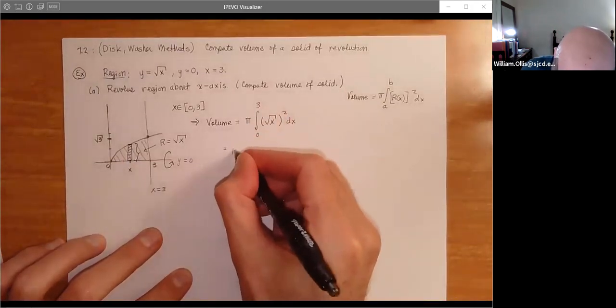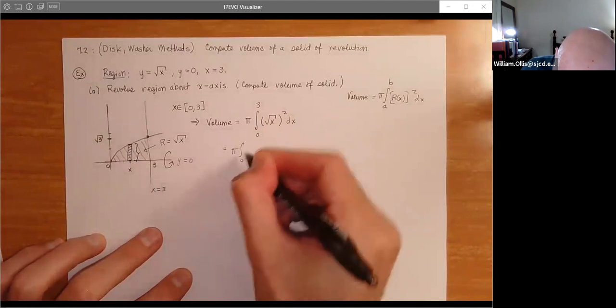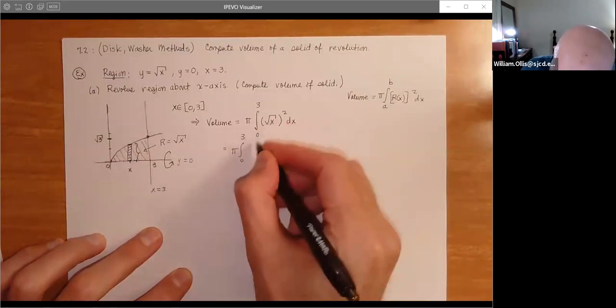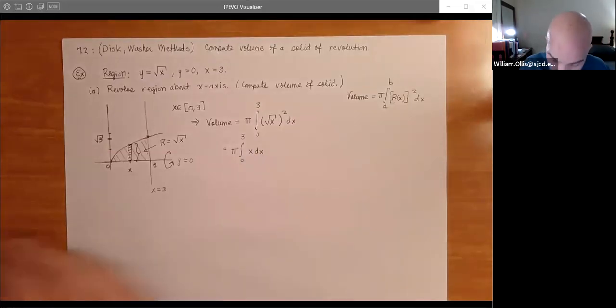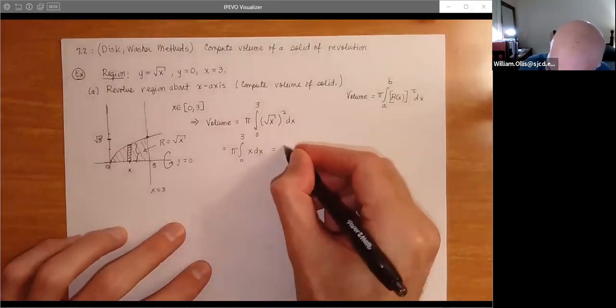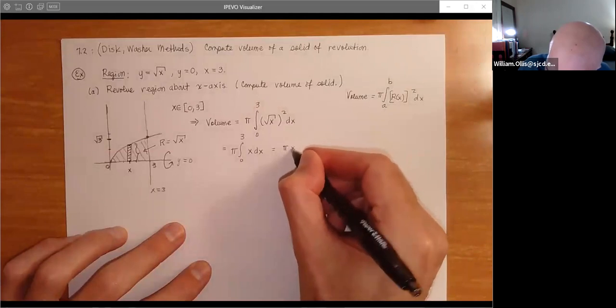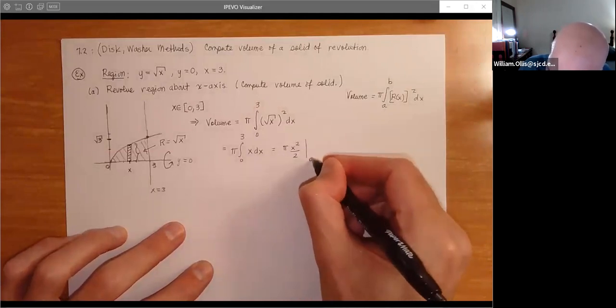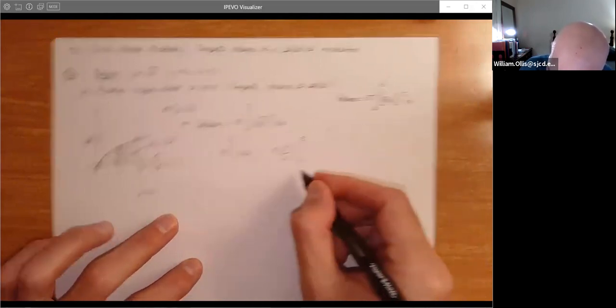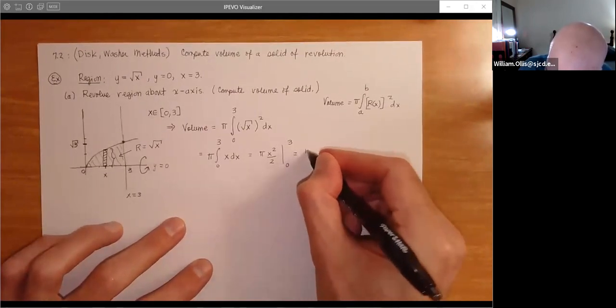So we get pi integral 0 to 3, squaring the radical just gives us x dx. And so we have pi x squared, add 1, divide by the new power. Don't we wish all of our integrals could be this easy? So we have pi over 2.